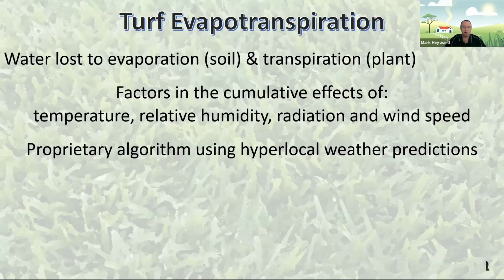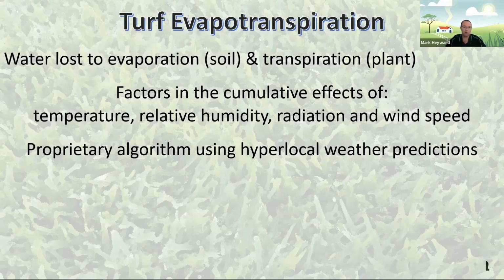The evapotranspiration is the sum of water lost to evaporation from the soil, which some people know as evaporation pans, but also the water lost from transpiration from the plant itself. And it's calculated hourly using the cumulative effects of temperature, relative humidity, radiation, and wind speed.